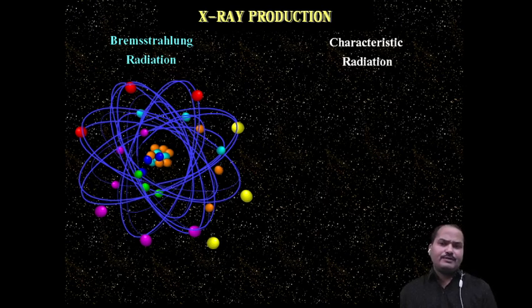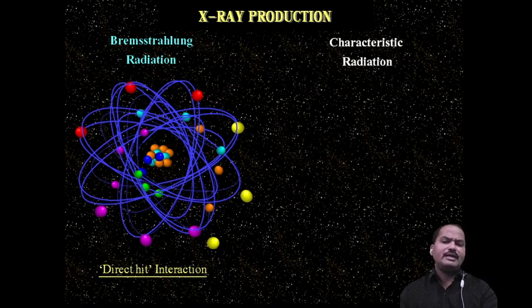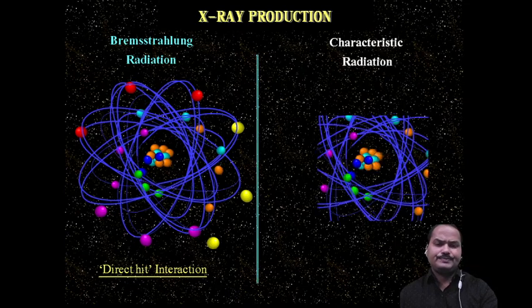Now these two types of radiation which are produced from the target metal are Bremsstrahlung radiation and the characteristic radiation. In the Bremsstrahlung radiation, or braking radiation, there is a sudden halt, a direct hit interaction.